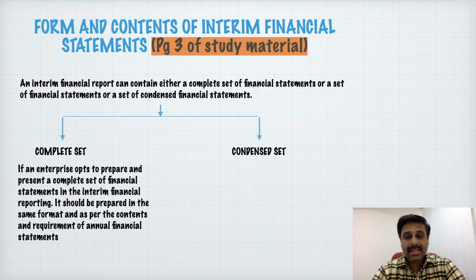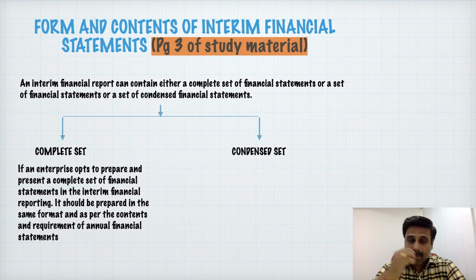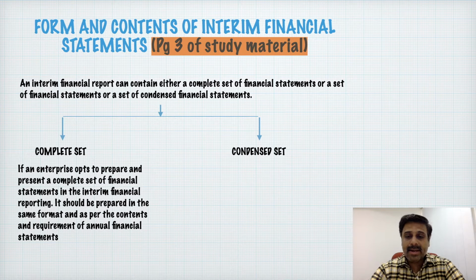Means as we do it in annual financial statements: profit and loss statement, balance sheet, cash flow statement, additional explanatory notes, appendixes attached at the end stating the additional explanatory notes. So all those complete sets will be made in interim financial statements, on a quarterly basis also, exactly the same manner as you make it in annual financial statements.